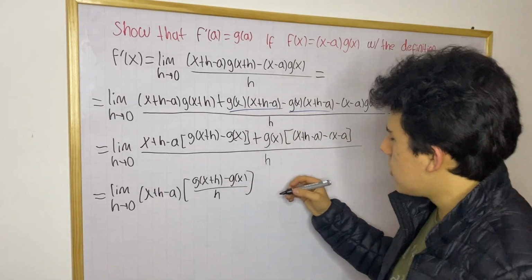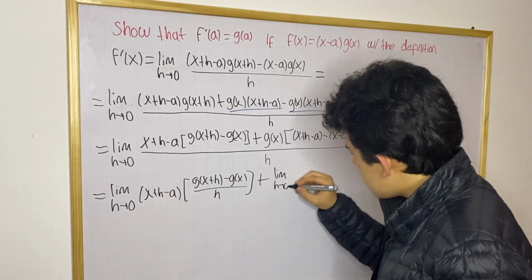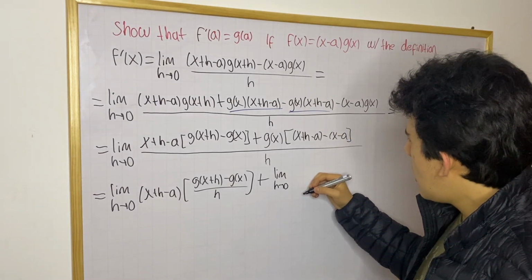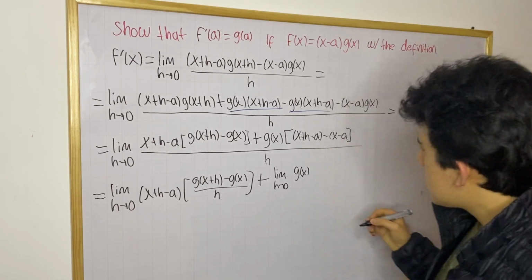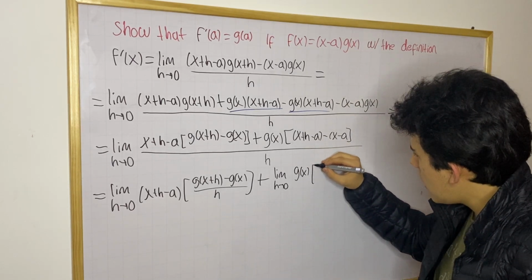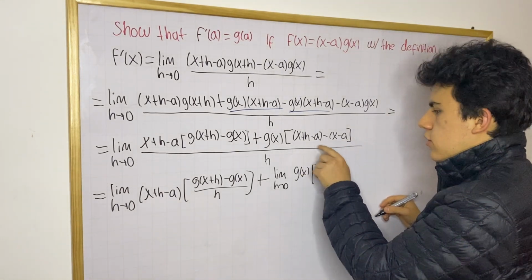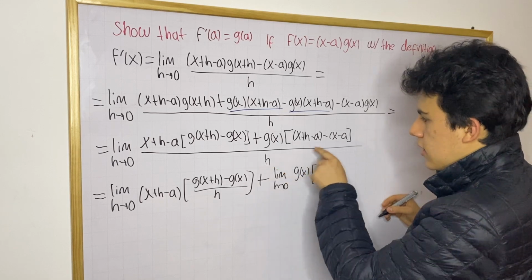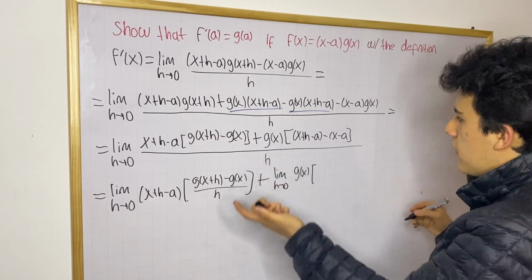Since you have two terms, you can distribute this h into those two terms. And now you see what I'm doing, plus the limit as h approaches 0 for g of x times, now actually this is a derivative. The function that you have is x minus a, because when you distribute h as a denominator to these two terms, you're going to get the derivative of x minus a.